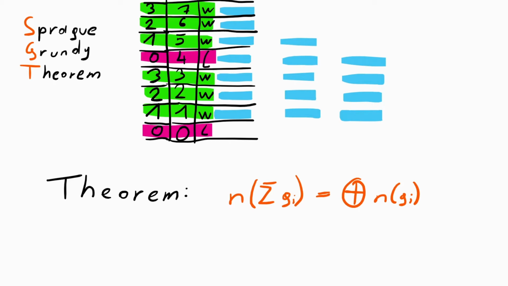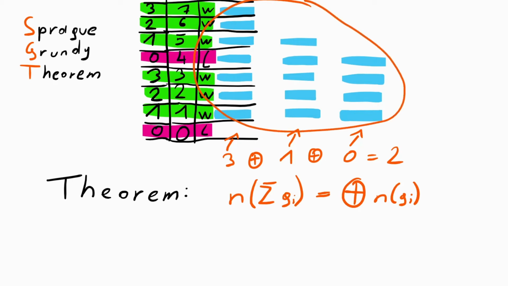The number values of the individual games are 3, the number value of size 5 is 1, and the number of size 4 is 0. And so in total we have the XOR of 3 and 1, XOR with 0, and this is 2. So the number for the combined game is 2.